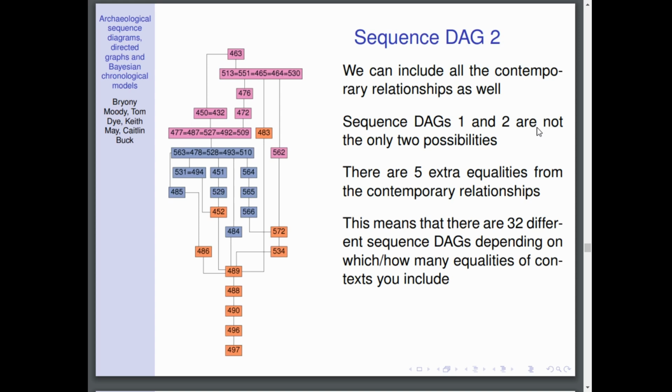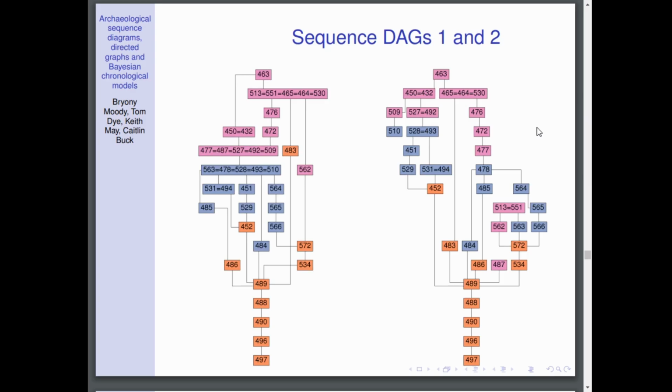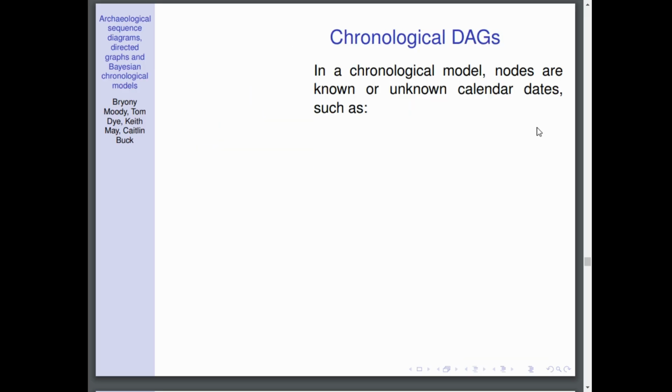Now, that would be quite tedious to present them all to you, so don't worry, we're just going to proceed with the 2 we've looked at, which are this one on the left, which is using all of the contemporary and once whole relationships. So that's sequence DAG 2, and then sequence DAG 1 just includes the once whole relationships. So this leads us on to our next stage in the process.